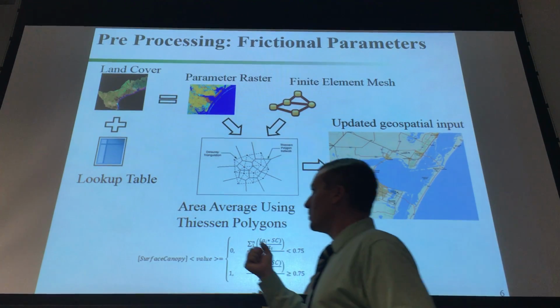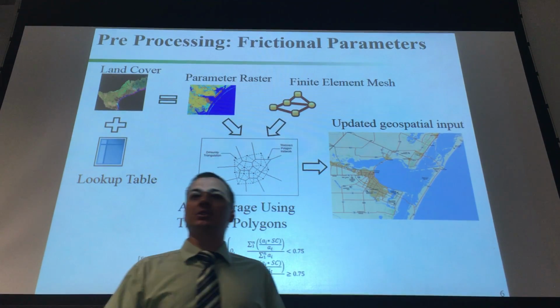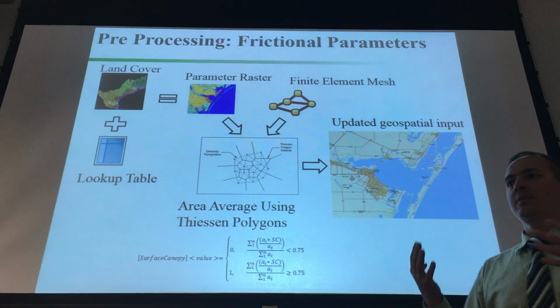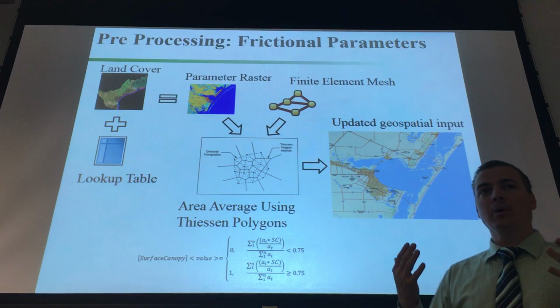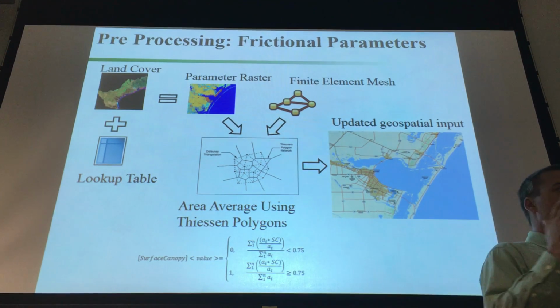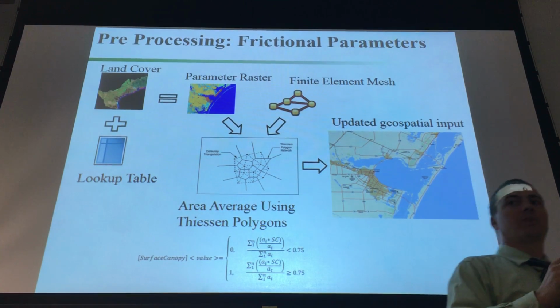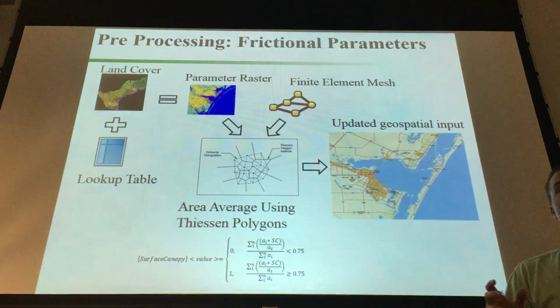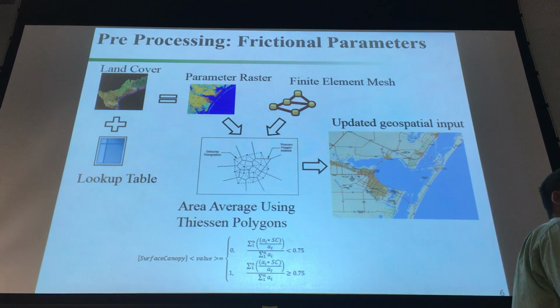And we would have a lookup table that will give us information for the parameter we're trying to estimate. Let's say Manning's n. So if you don't remember about Manning's n, what Manning's n gives to you is a non-dimensional number that assigns a frictional value, non-dimensional frictional value, to a given land cover type.